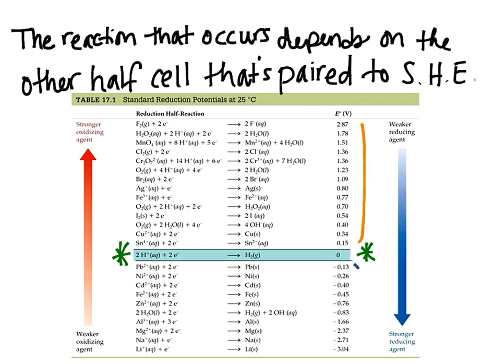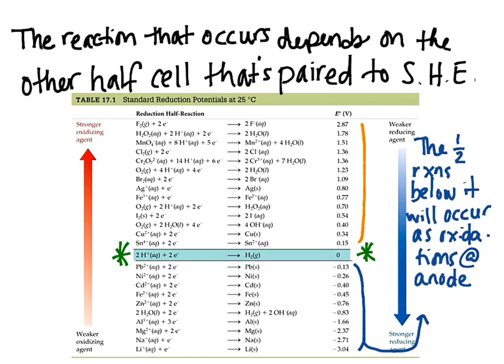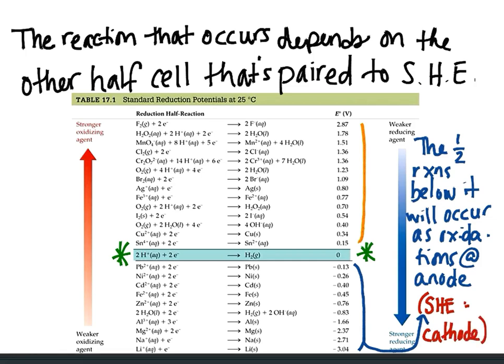These reduction half reactions at the bottom would actually occur in the opposite direction as oxidations instead. The SHE would then be the cathode in that case. So it all depends on the more likely reaction.